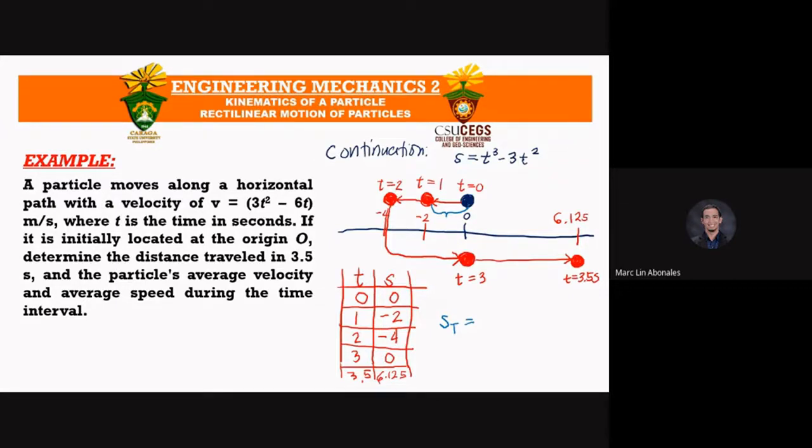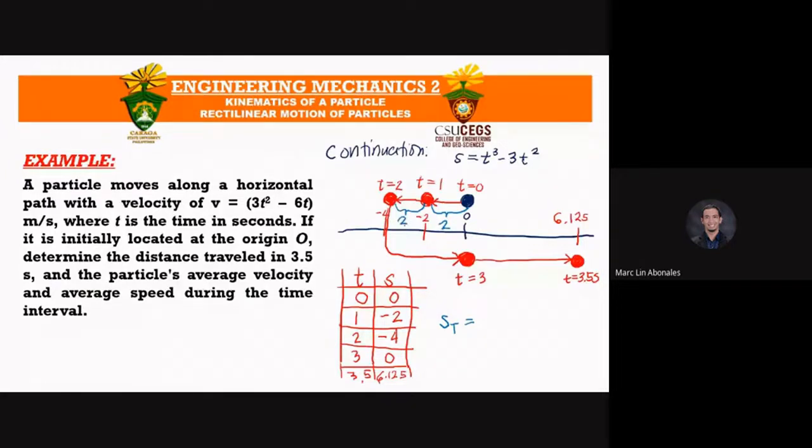Pilang distance from the origin going to the position sa tong particle at time is equal to 1. That is 2. Okay? That is 2. How about this one? Pila man lang distance ani? 2 gihapon.